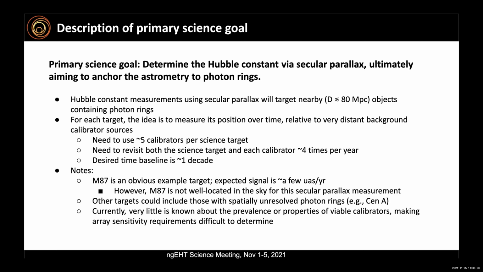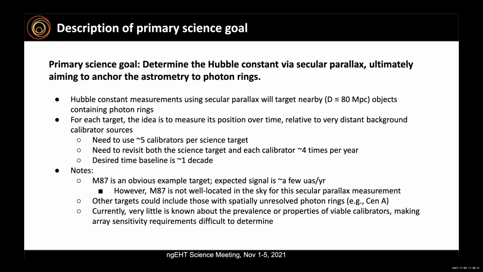One of the major challenges for this group was that we just didn't really know what targets to look at. I think this is a big problem in our business in general. We don't have a very good handle on the structure and availability of calibrator targets at very high frequencies. So we used M87 as a nominal nearby source. This is one where we know we can detect a photon ring and we know its distance.